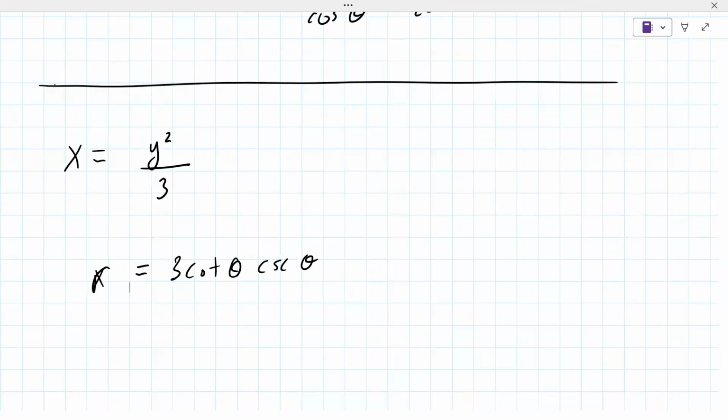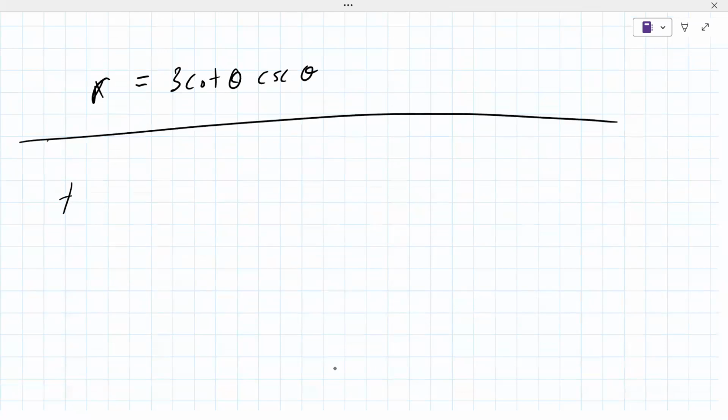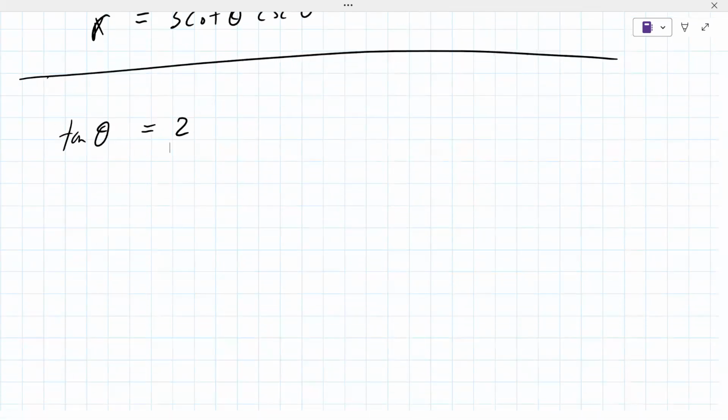We didn't really do one with tangent, and this isn't the best example, but let's say your instructor does something like tangent of theta equals 2. So we're not going back the other way, polar to rectangular.